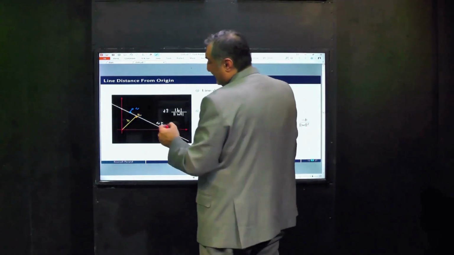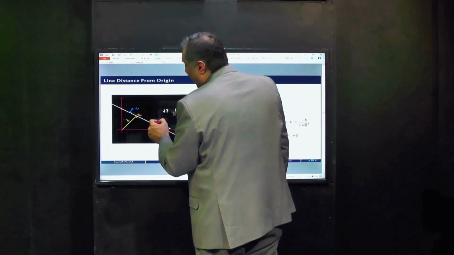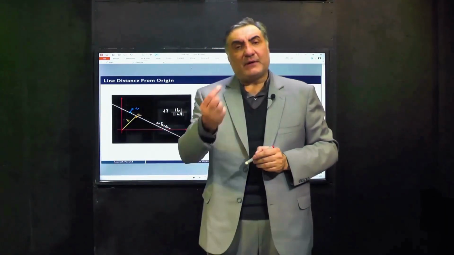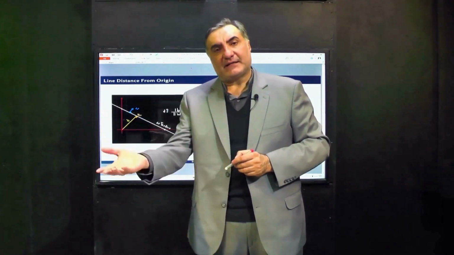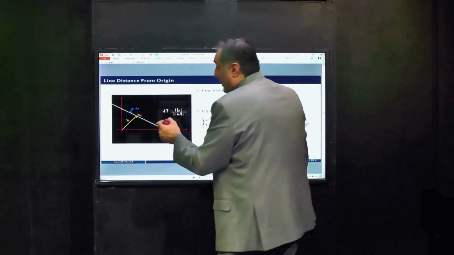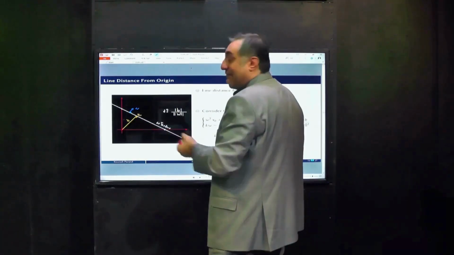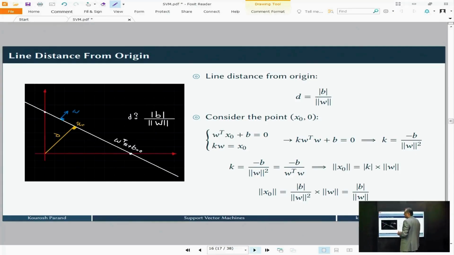It's actually quite simple. As you know, W is essentially the normal vector or the gradient vector. We've already explained this in previous sessions. It's a vector that's perpendicular to this line, to this hyperplane. As you can see, W is perpendicular to W transpose X plus B equals 0. All right, the first thing we do, very simply, is to find the distance of a point like x0.